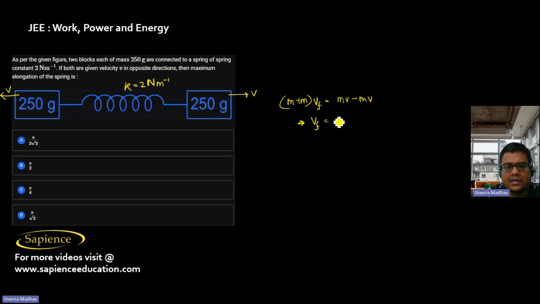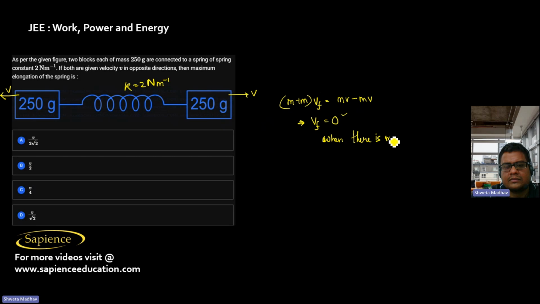So v final will be 0 only. The final common velocity which they will have is 0 only when there is maximum elongation of the spring.